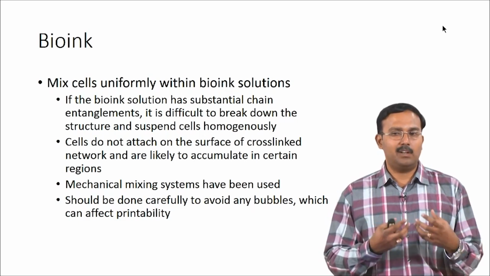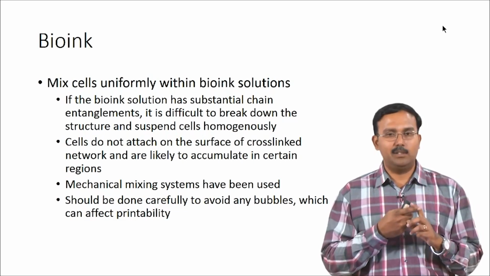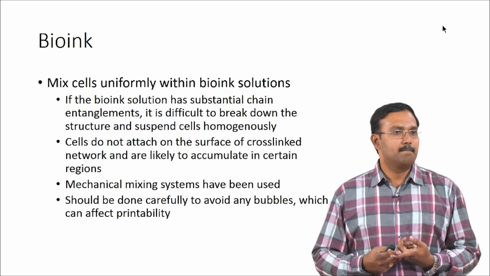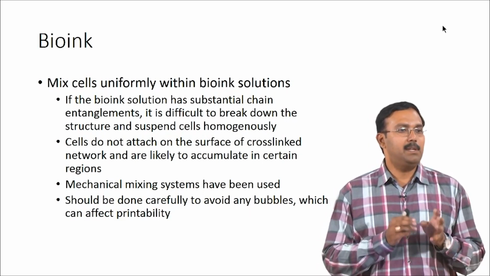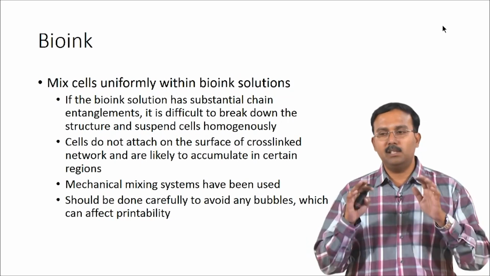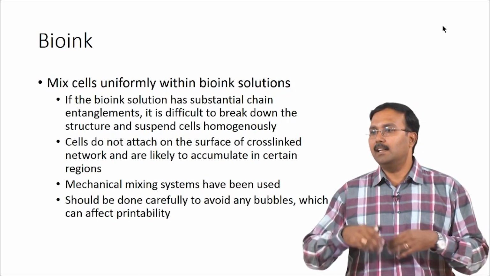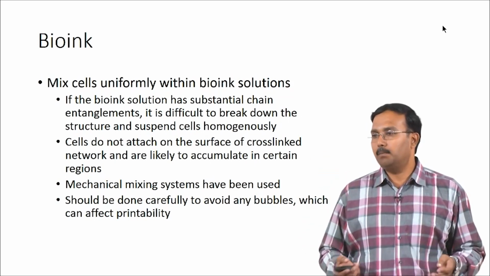Only then you will have a solid structure. So, you would want it to have some entanglement initially, you cannot expect all the entanglements to happen right after being printed. If you are going to have these entanglements initially, it needs to be in an optimized way so that cells can actually be uniformly dispersed. It cannot completely affect the cell distribution. Cell distribution cannot be just in pockets, that will be a problem.